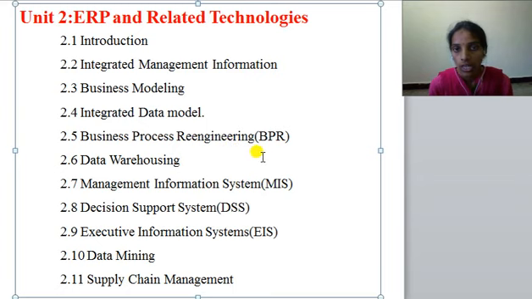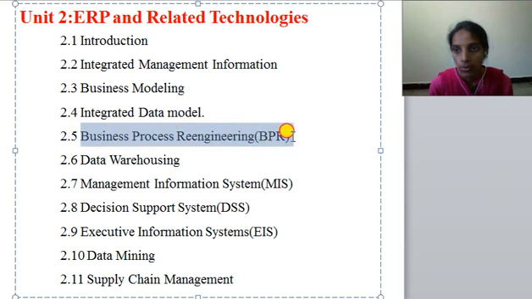At that time we cannot change the whole ERP software, so it is not affordable. At that time we use the BPR process, and BPR can change only that process or only those transactions. So we do not need to replace the whole ERP system, and it is beneficial for our business.